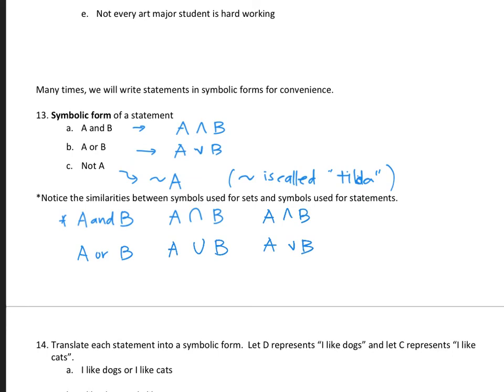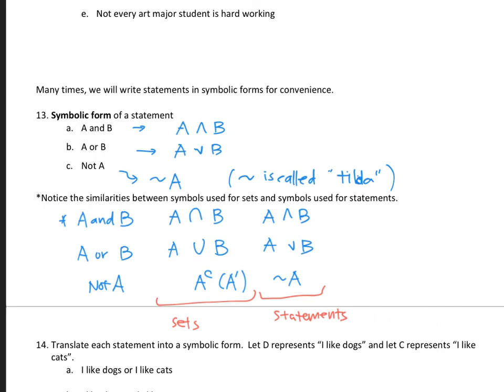And then not A, in terms of sets, is A complement or A dash. In terms of statements it's tilde A. So this is with the sets, this is with the statements. They're kind of similar in some ways, and for a reason, because they're kind of saying the same thing.